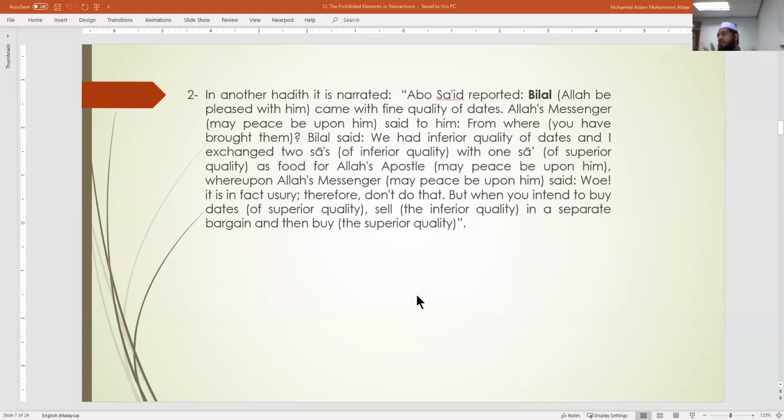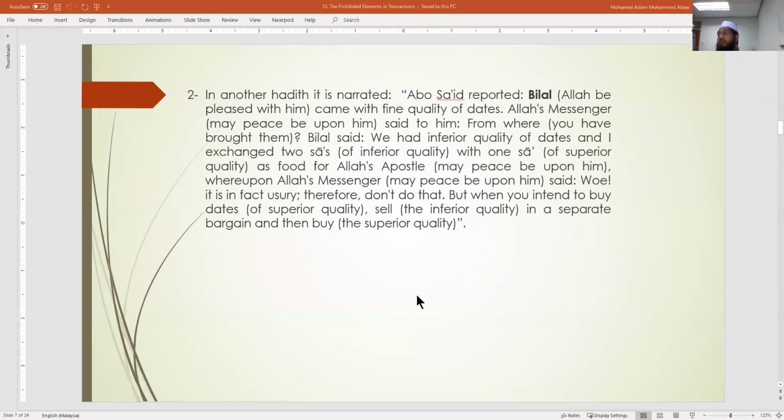So Bilal radiallahu anhu brought 1 kilo of superior quality dates, and he exchanged it for 2 kilo of inferior quality dates.